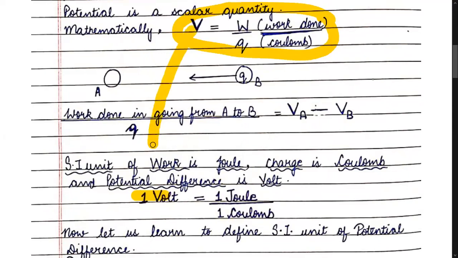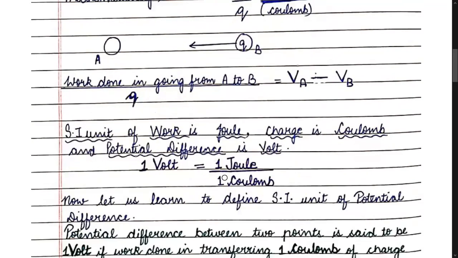Instead of potential, I'll write down volt. Instead of work done, I will write it as joule, 1 joule. And charge means coulomb, 1 coulomb. So 1 volt is equal to 1 joule per 1 coulomb.